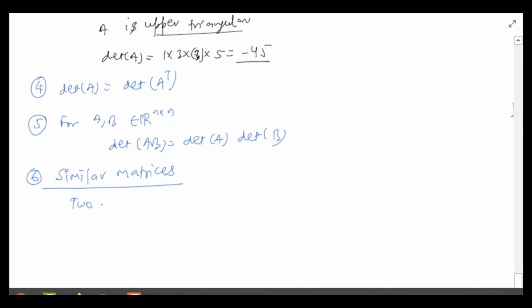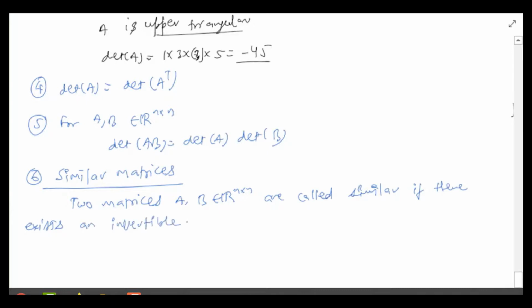Two matrices A and B that are both n cross n are called similar if there exists an invertible matrix S, that is again n cross n, such that B can be expressed as S inverse AS.